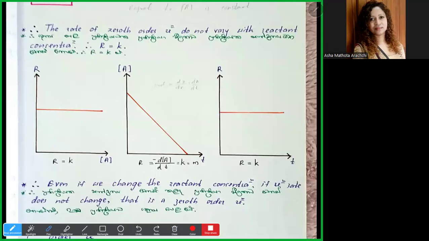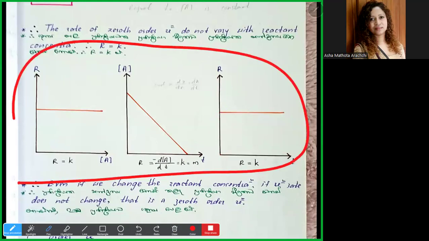I will come to you and explain this a little later. Okay, then listen, others. Again, the rate is constant. If you go with rate and time, even when time is passing and we are changing the concentration of A, the rate is not changing. So these are the three graphs that explain zeroth order reactions.